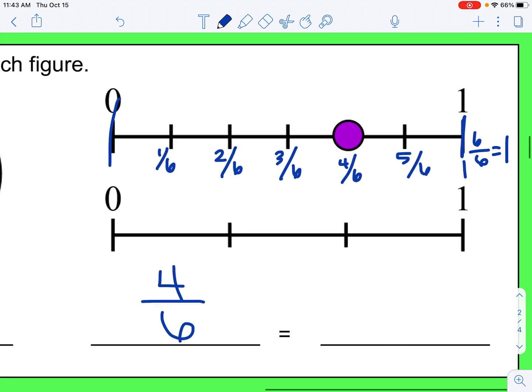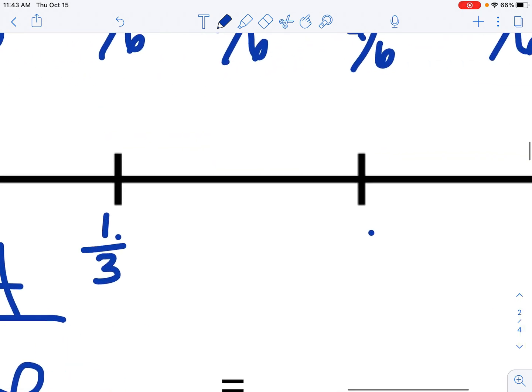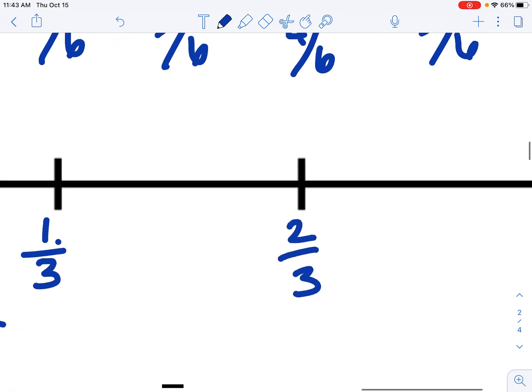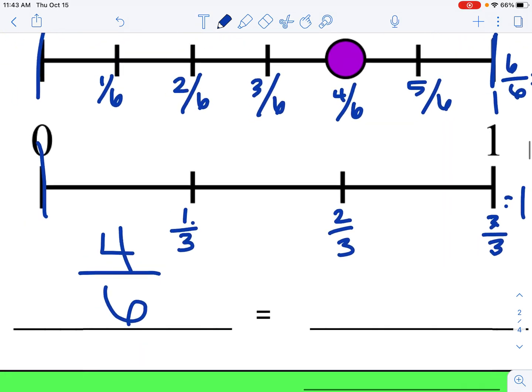Now we need to figure out what our equivalent fraction is. So we're going to count the number of lines we have. Here's 0. I have 1, 2, 3 lines. So that tells me I'm splitting it into thirds. This is 1/3, this is 2/3, and this right here would be 3/3, which is really just 1.